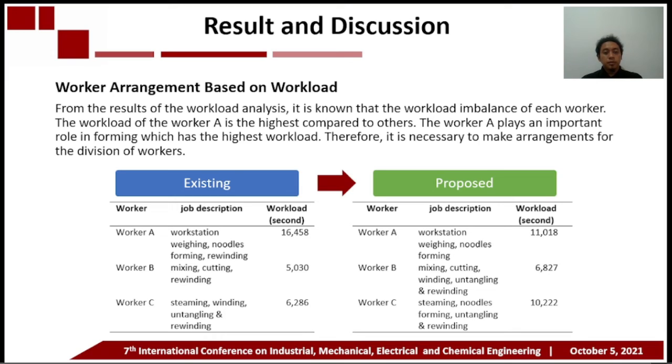For the existing condition, we get the blue color, and the proposed condition gets the green color. In the existing condition, worker A has a job description of weighing, noodle forming, and rewinding.